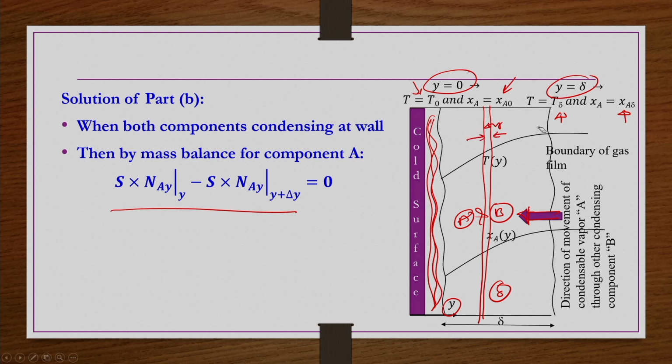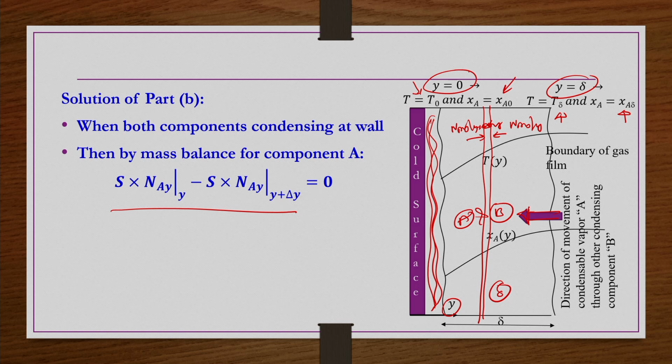So, whatever the flux NaY at y is entering flux, and then whatever the flux that is leaving at y plus delta y is NaY at y plus delta y, and then both of them are multiplied by the cross section area of the surface through which the channel of thickness delta y, that is S, we have taken.